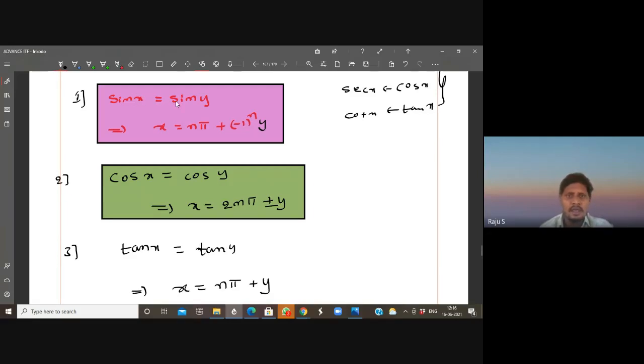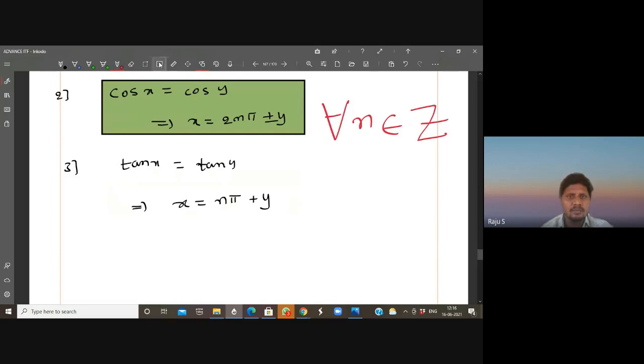Because for these values of y, x should be equal. In all three cases, n belongs to Z. For every n belonging to Z, it is true. All three conditions are true.